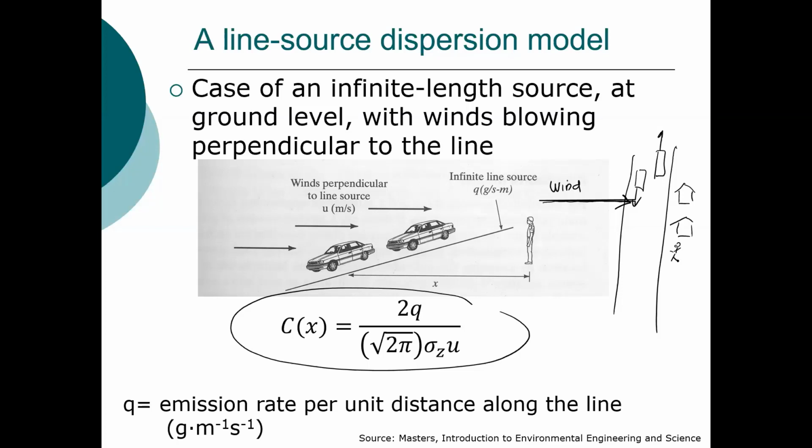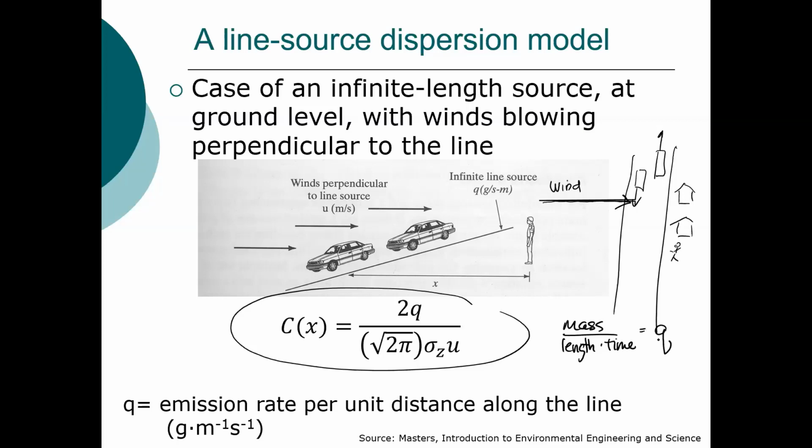In this case, Q is a rate per time divided by the distance perpendicular to the wind direction. So it has units of mass per length per time.